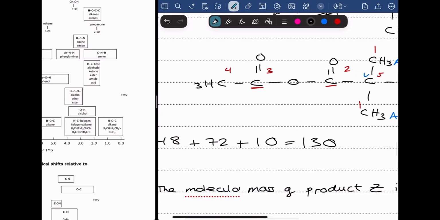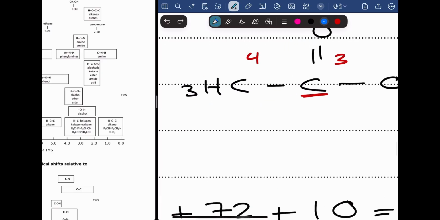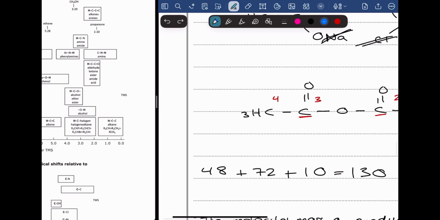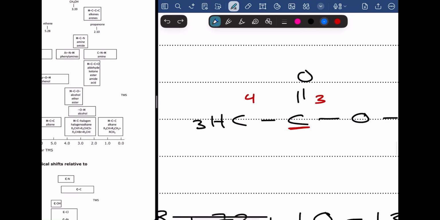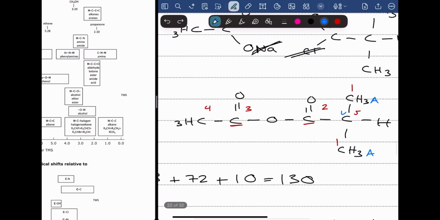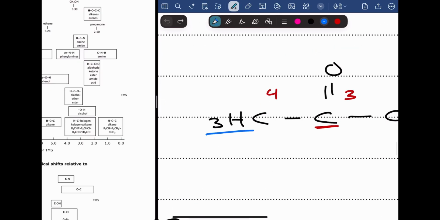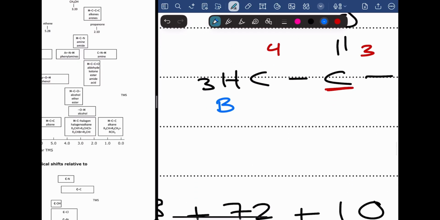Well, it's quite obvious, but it's clearly going to be this one, and I'll explain it, because this environment here, there's 3 hydrogens, so that ticks off one thing. And then the carbon adjacent to it, so remember, this isn't the carbon adjacent to it because these carbons are directly attached to the hydrogens. We're looking at the carbon adjacent to it. So the adjacent carbon, which is this, clearly is not attached to any hydrogens. So that would mean that it would be this environment for peak B. So we can label this as B.